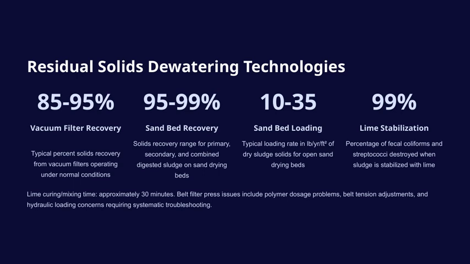However, we might encounter issues with belt filter presses, such as polymer dosage problems, belt tension adjustments, or hydraulic loading concerns. These issues often require systematic troubleshooting to keep the process running smoothly. All these technologies and parameters tie back to our overall goal: efficient, safe, and sustainable solids management within wastewater treatment.